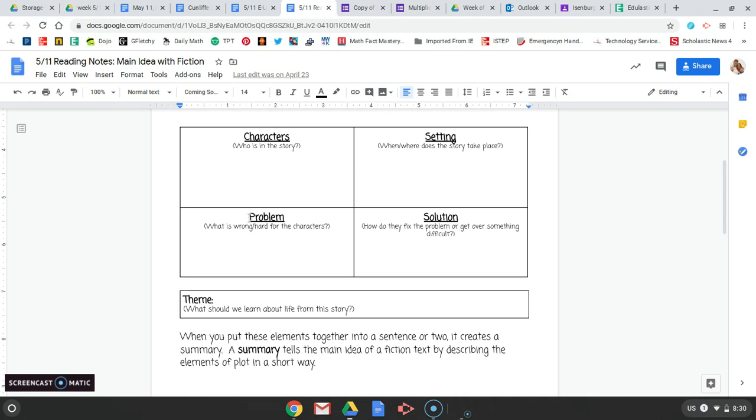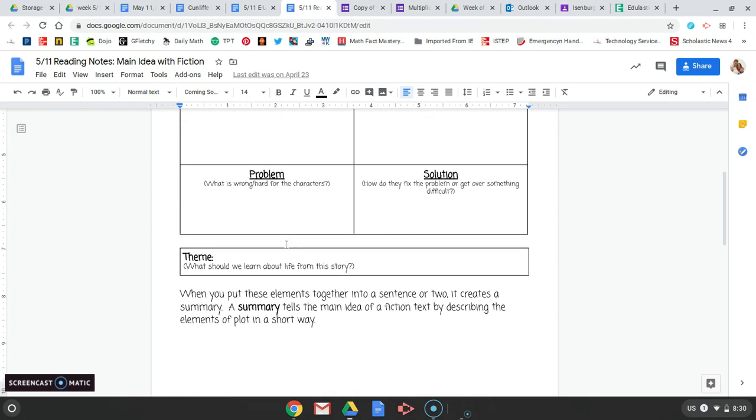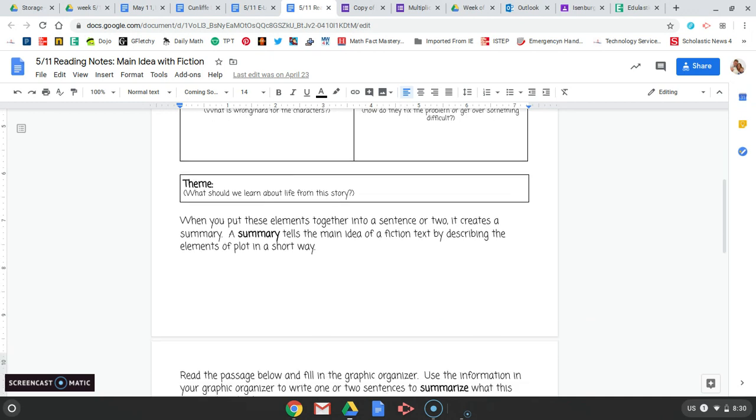Problem is something that goes wrong or something that is difficult for one of the main characters in the story. And then a solution is however they solve that problem or fix that problem, or however they get through the hard thing. And then we've already reviewed that a theme is the lesson that the author wants you to learn about life from what happens to the characters in the story.